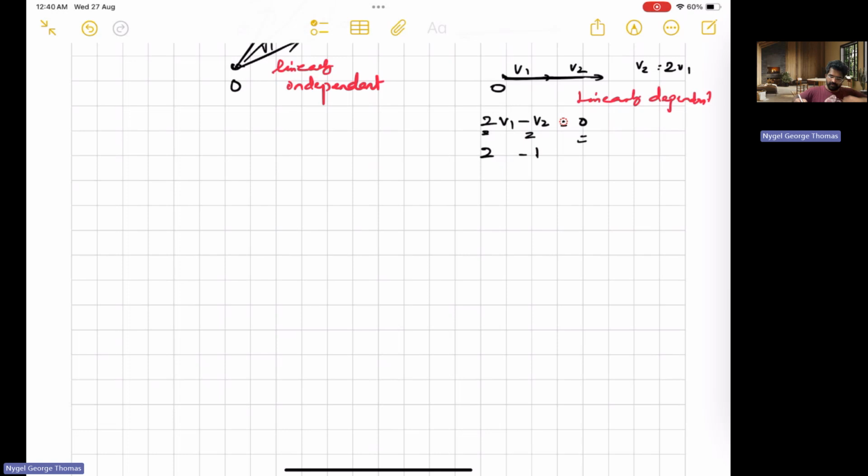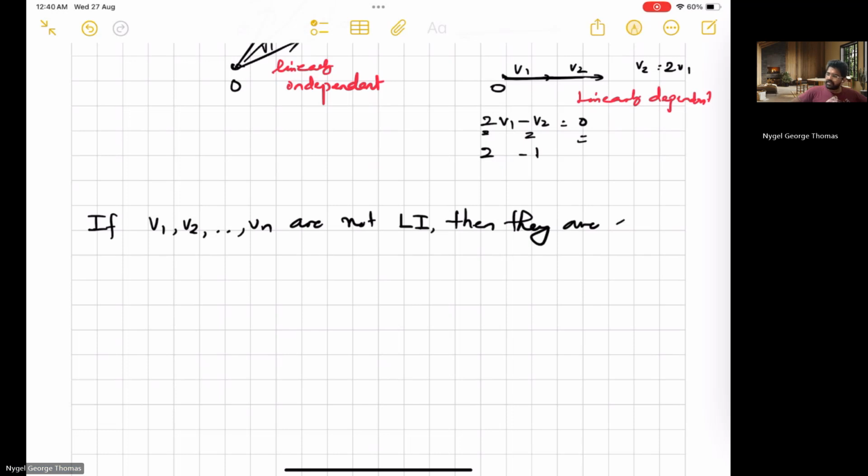If v1, v2, etc., vn are not linearly independent, then they are linearly dependent.